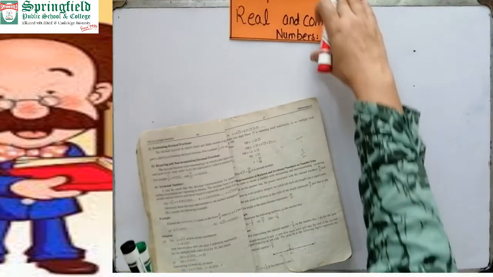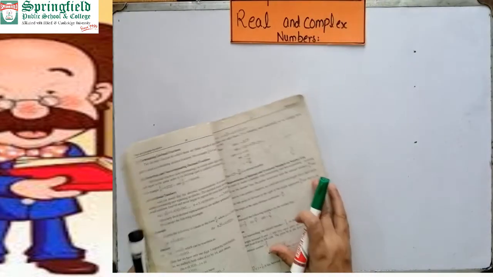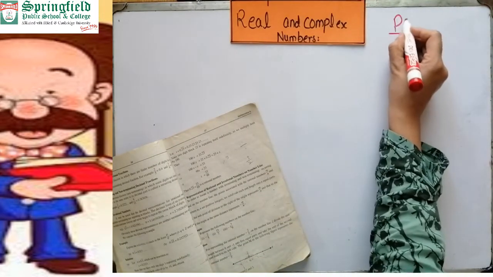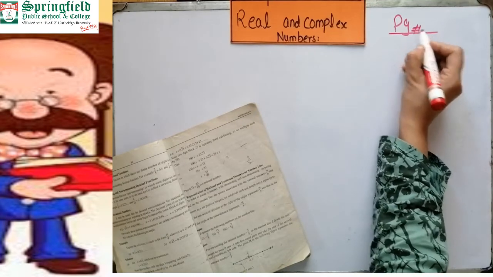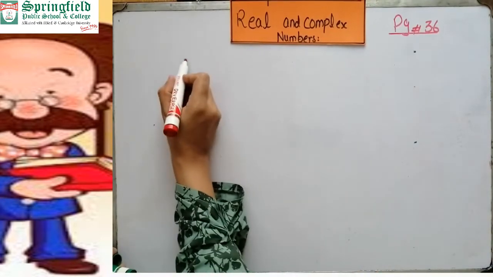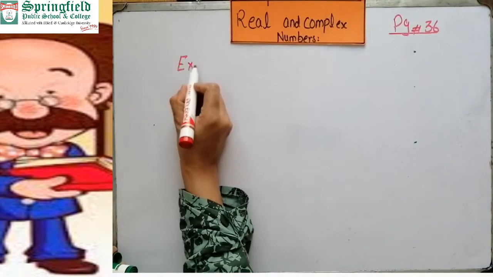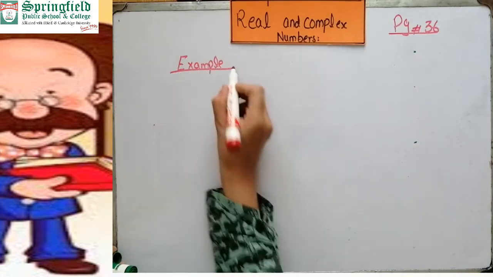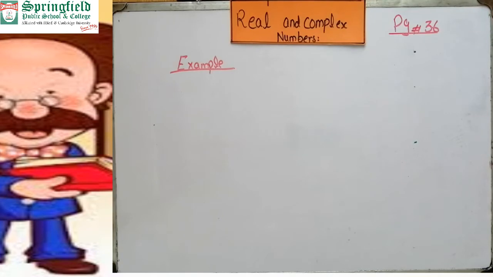Page number 36 and example. They are saying that 0.3 is a number.